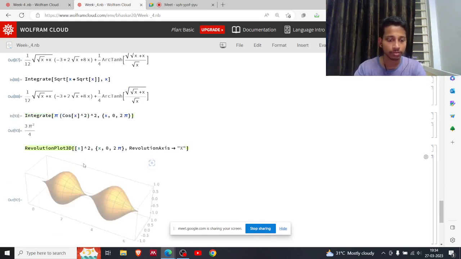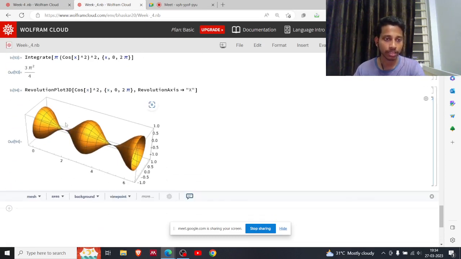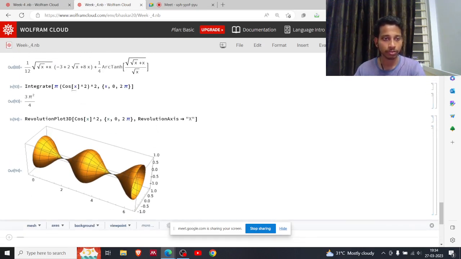Now if we put cos here, that will change it to the cosine curve. So here you can see that it is starting from the point 1 and so on.